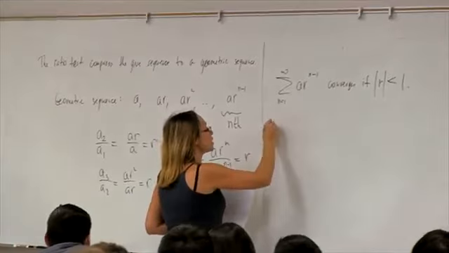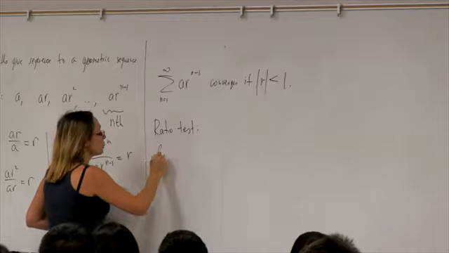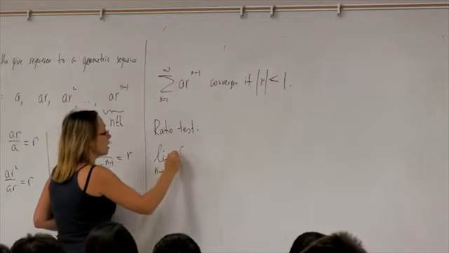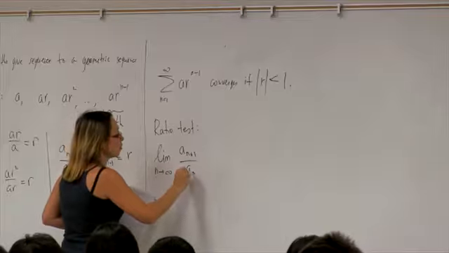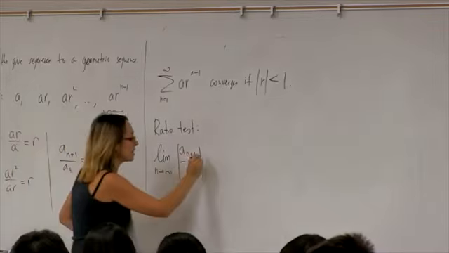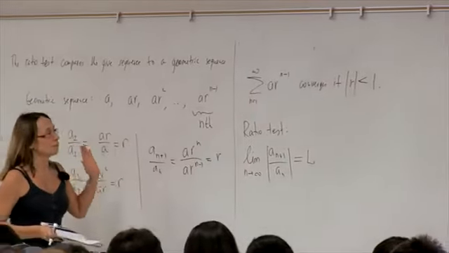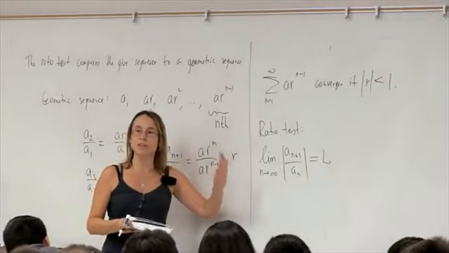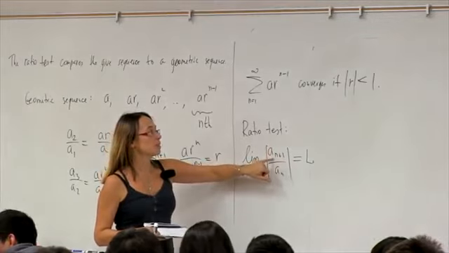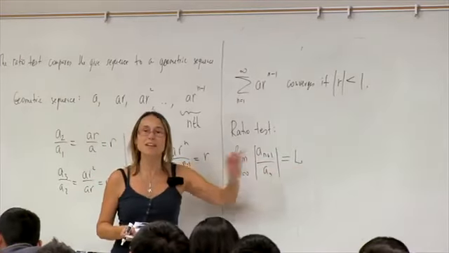Now let's go to the ratio test. What are we looking at? We are looking at the limit as n goes to infinity of the absolute value of a_(n+1) over a_n, right? And we say that, let's suppose that this limit exists. So for some values of n, which are very, very large, the ratio between the next one and the previous one is going to be given by L, very close to it, right?